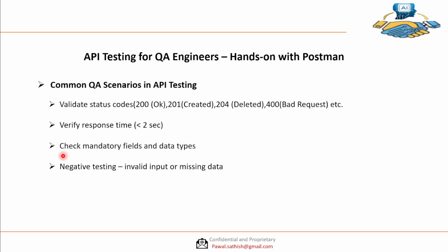And also we need to verify the mandatory fields and data types, and as part of QA we also verify the negative testing. Like what happens if I provide invalid input, or give blank data or missing data. What is the response code? That way verification we can do as a QA.